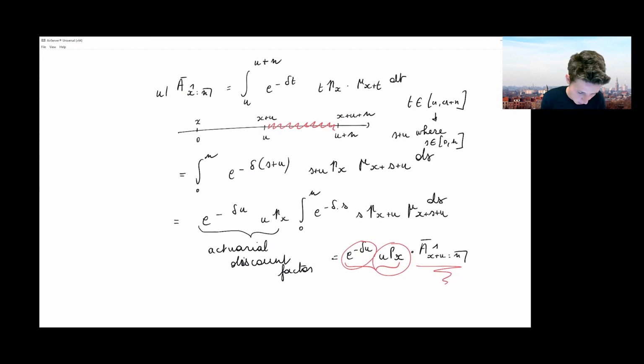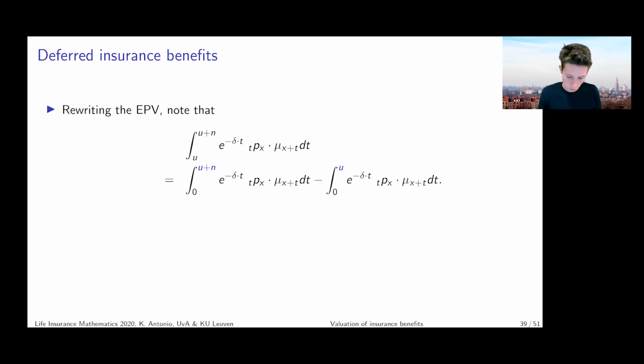If you really like the actuarial notation, you could also write this as uEx, that's my pure endowment, multiplied with this A bar x plus u, with a 1 on top of the x plus u. You can also play a little bit more with these formulas.